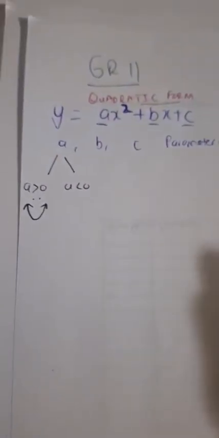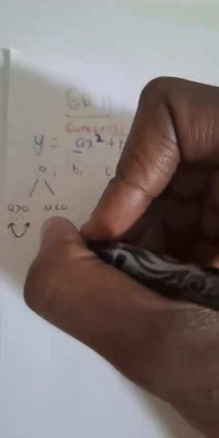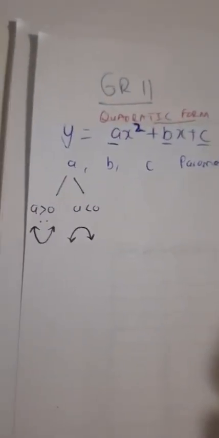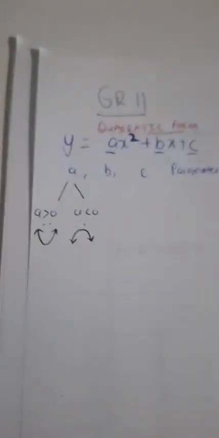Then A less than 0, we're expecting this to be concave down. Sad people. That we know.